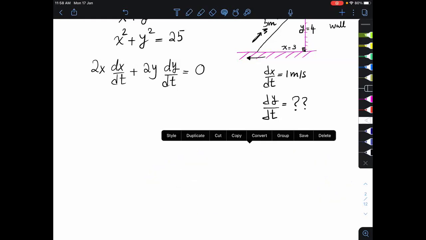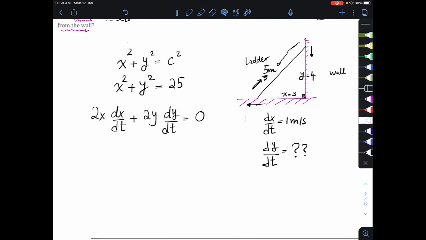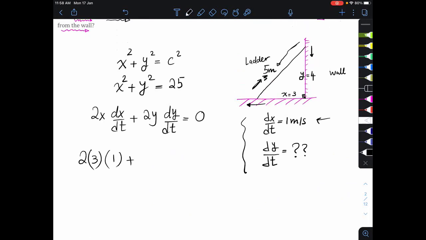Now, guys, it's easy to complete the question to find dy over dt. Let's substitute: 2 times 3 times dx over dt, which is given as 1, plus 2 times y, which is 4, times the unknown rate dy over dt.